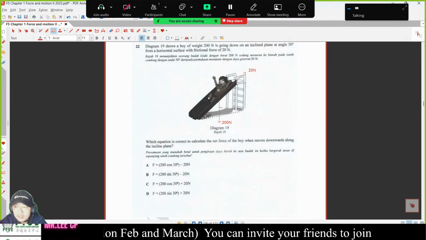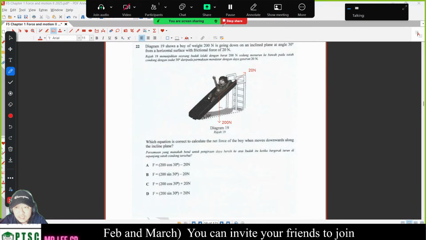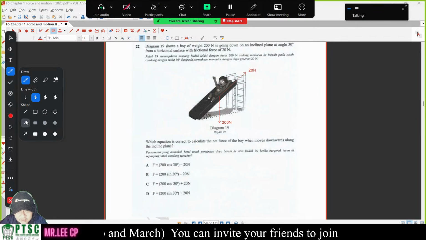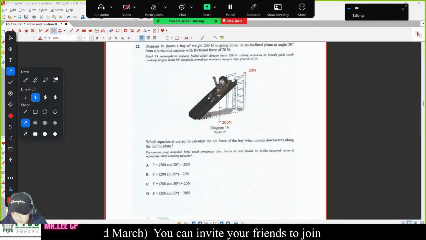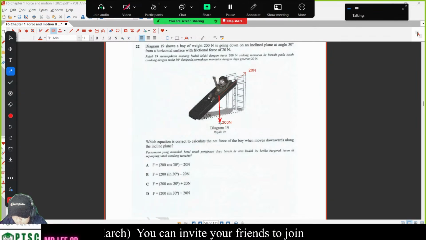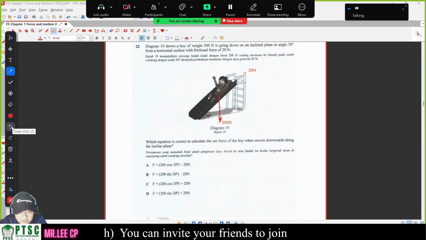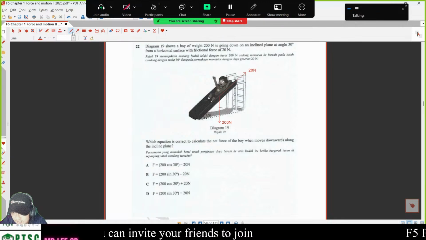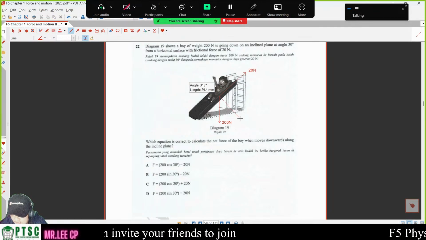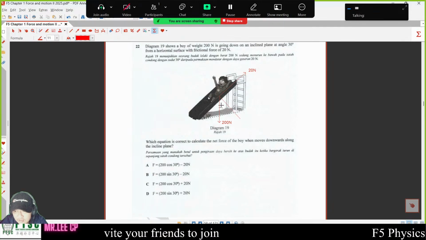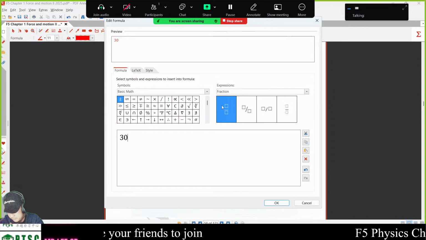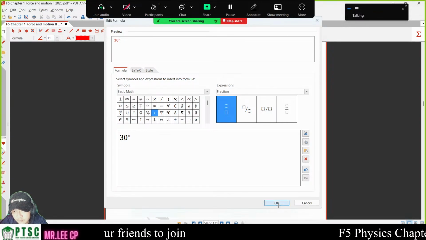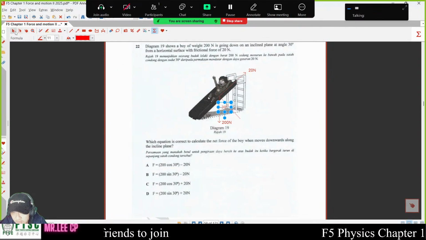Now I use the triangle method to do it. It will be sliding down, W is 200, right? Oh, sorry, I forgot to label my 30 degrees. 30 is here. Okay, I labelled it already.